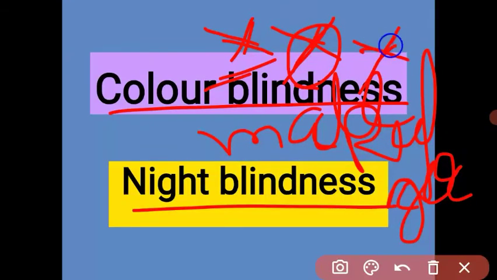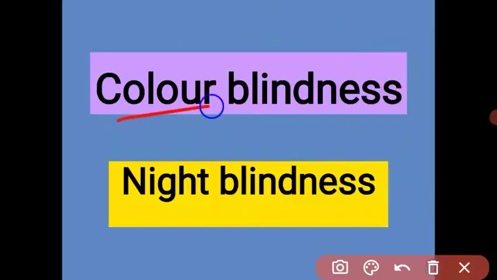But in the male there is only one X chromosome, and if it is defective, the male inherits this defect. Understood what is meant by color blindness? By birth the person cannot discriminate red and green color, due to a genetic defect. Mostly the male suffers from the defect, and in the female it is a rare case.